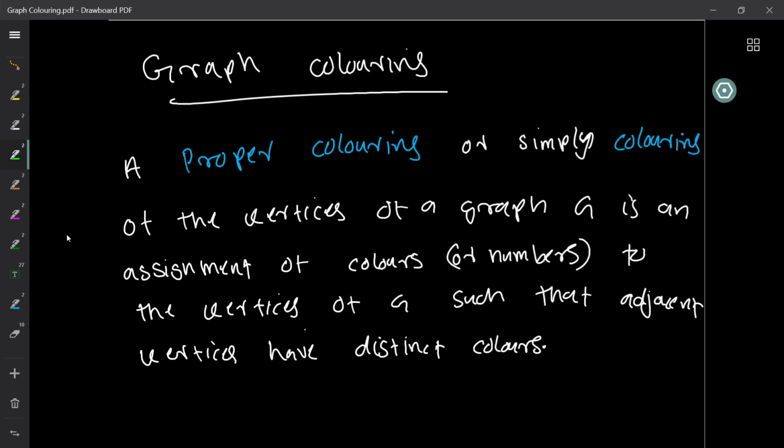Of course, there is another notion of improper coloring, where you can allow adjacent vertices to get the same color. So you are not partitioning into independent sets, but we can put some conditions on the type of subgraph that we get if you look at the same color class. For example, I can say that the subgraph induced by the vertices of a particular color class must form a subgraph of maximum degree at most 1, maximum degree at most 2, or a regular graph, all kinds of conditions you can put.